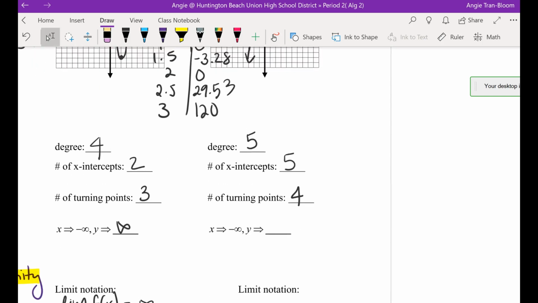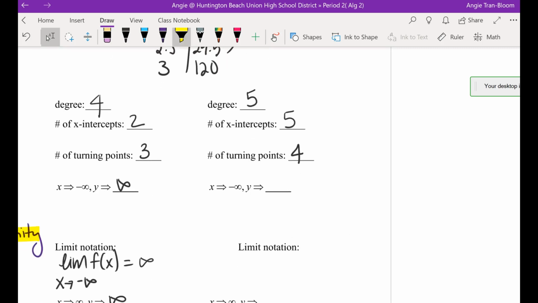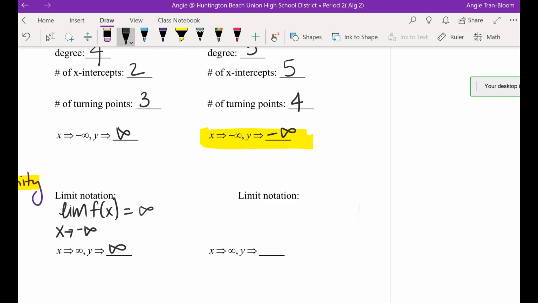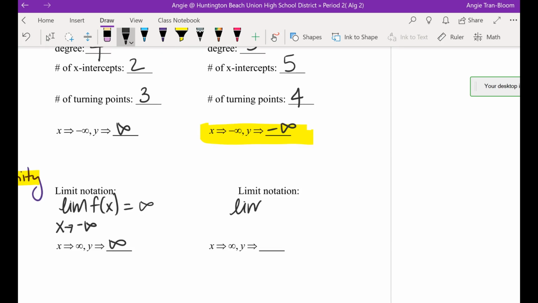Verbally, we're not going to spell it out anymore, but we should be able to read this from now on. If I give you this, it says what? As x approaches negative infinity, y approaches also negative infinity. Limit notation: limit as x approaches negative infinity of our f of x, which is this quintic, y approaches negative infinity.